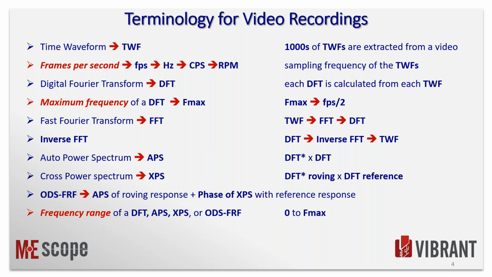So that's called a one-to-one and onto transformation. All the vibration information is contained in the TWFs that we extract from the video. That's our assumption. And the DFT has the same information in it, only in a different form.